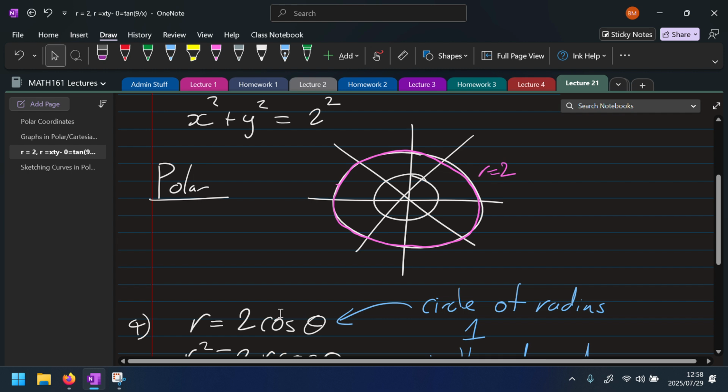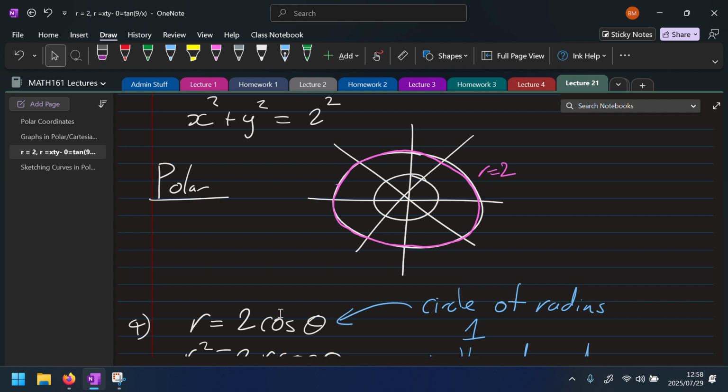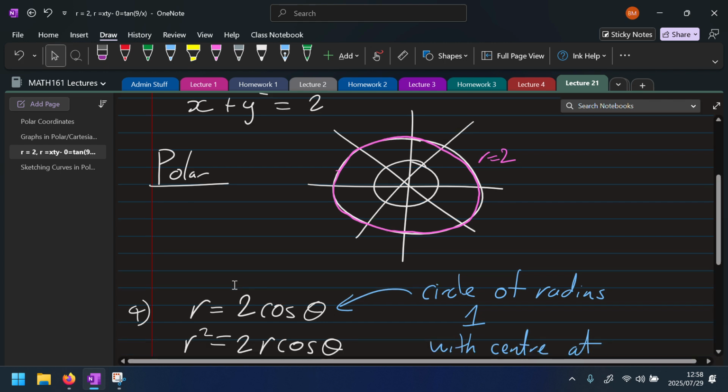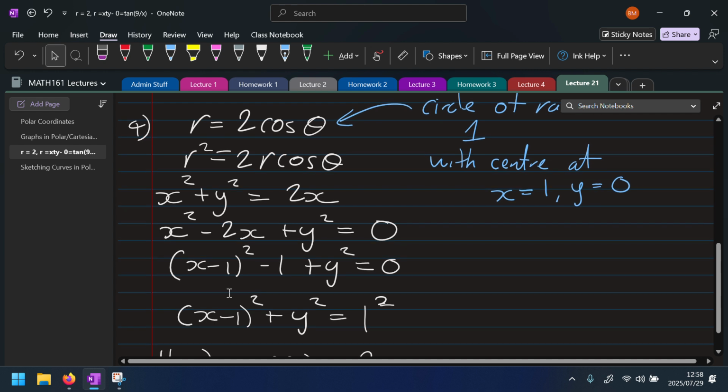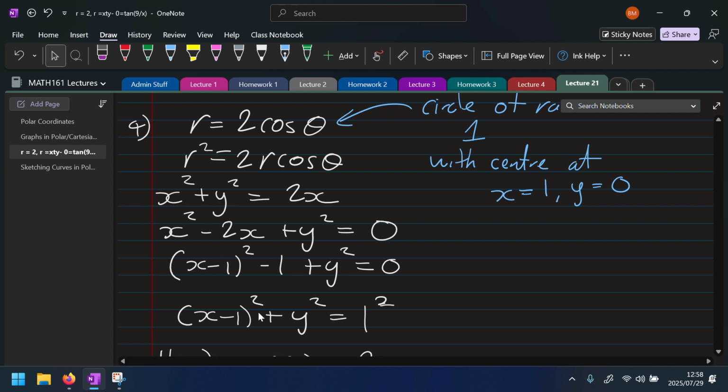Some function of theta. So r of theta is 2 cos theta, or r of theta is 2 sine theta, whatever it might be. And only with that knowledge, you then need to plot it in polar coordinates. You could try convert it to Cartesian, but then you're wasting time. It might be a bit too complicated with that.